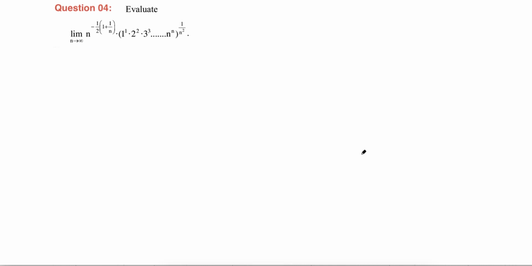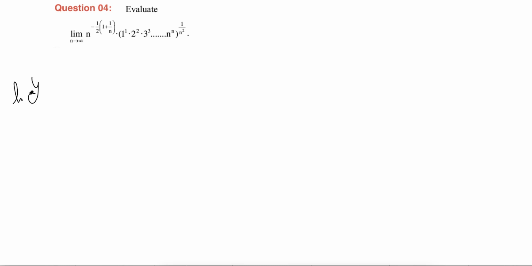This is a slightly better question. I will not say very great things, but I will say slightly better question. First thing, power is there. So what I am going to do, I will take log.